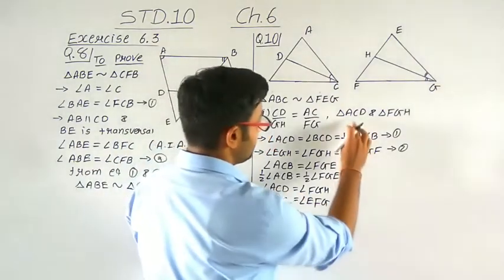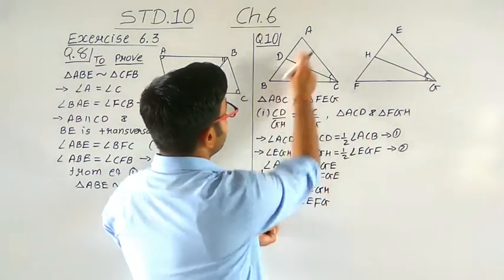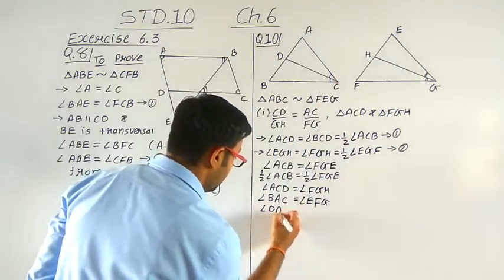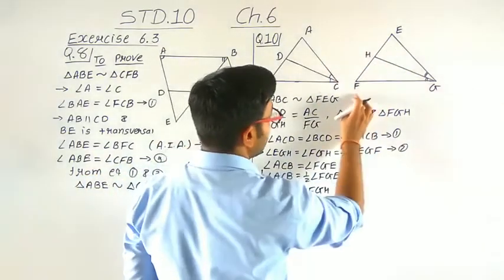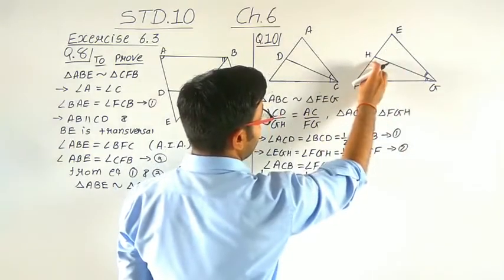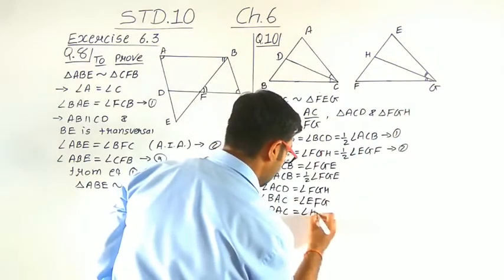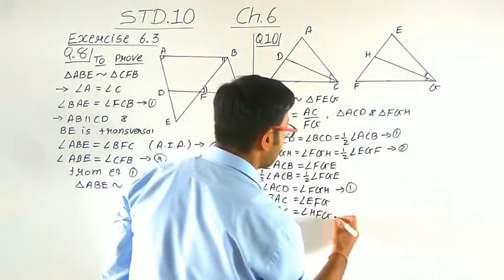But which angle do we require here? Instead of BAC, we require DAC, so we write angle DAC, and instead of EFG, we write angle HFG.